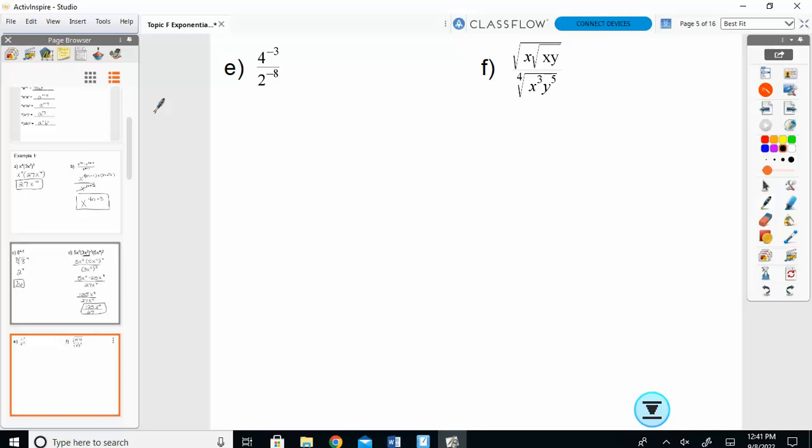Alright, let's look at this one. The negative exponents would flip it.